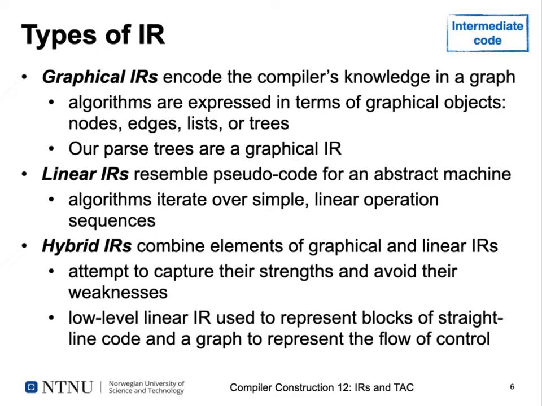So this is an attempt to get the best of both worlds, so the strengths of graphical IRs and of linear IRs combined, and to avoid the weaknesses. So for example, you could use a low-level linear intermediate representation to represent blocks of straight-line code. We've seen basic blocks before. And you could connect these blocks of straight-line code in a graph to represent control flow of our program.